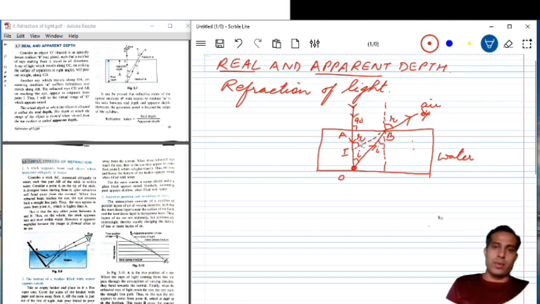So here you can see, if we see this triangle AIB, let it be AOB first.